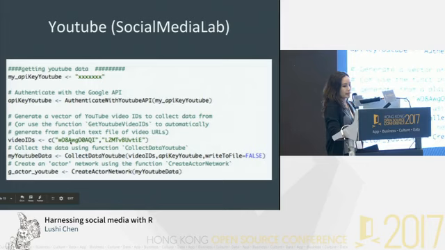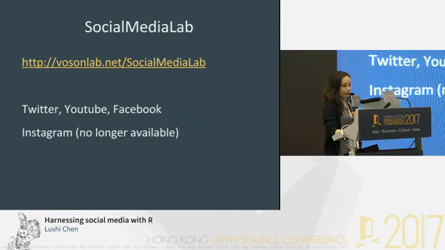You need to paste it here, and then you can collect the comments, and you can also collect the number of likes and other variables if you check the package. And they also have a website to explain how to use the package, and there are a lot of videos and tutorials about collecting social media data on this website. It's very useful.